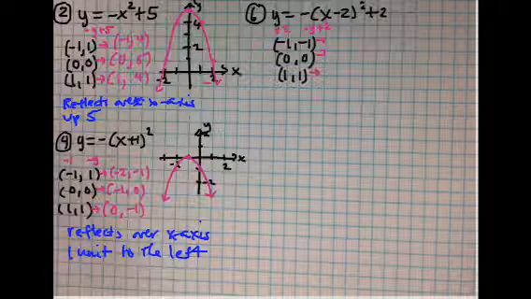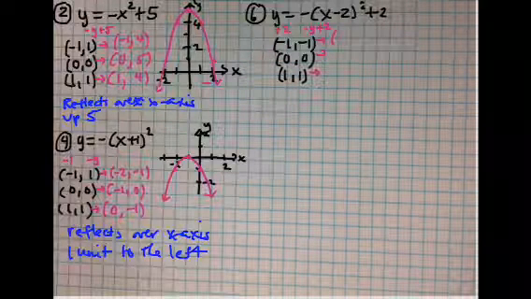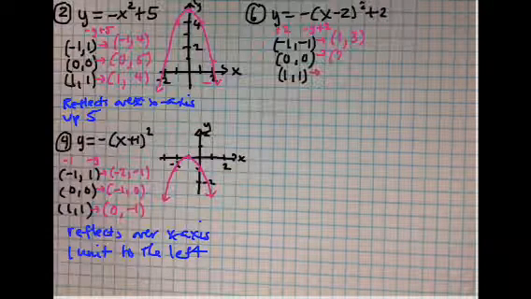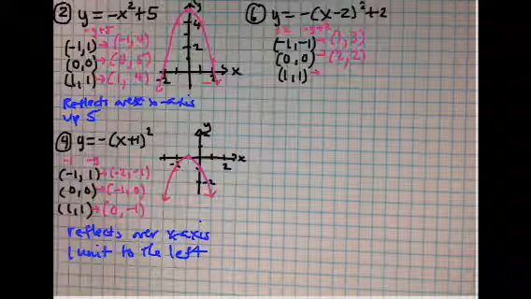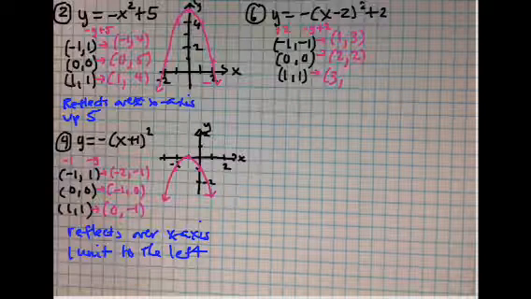Okay, so I have 2 minus 1 is 1. Oops. And then the opposite of -1 is 1. 1 plus 2 is 3. 2 plus 0 is 2. 0 plus 2 is 2. 2 plus 1 is 3. The opposite of 1 is -1 plus 2 is 1.